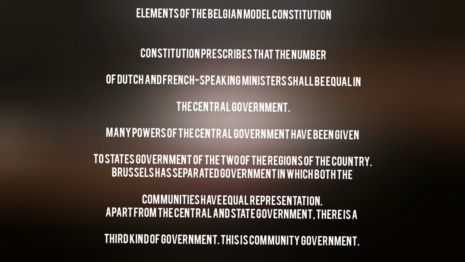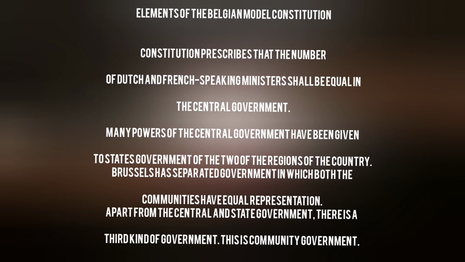Brussels has a separate government in which both the communities have equal representation. The French-speaking people accepted equal representation in Brussels because the Dutch-speaking community has accepted equal representation in the central government.